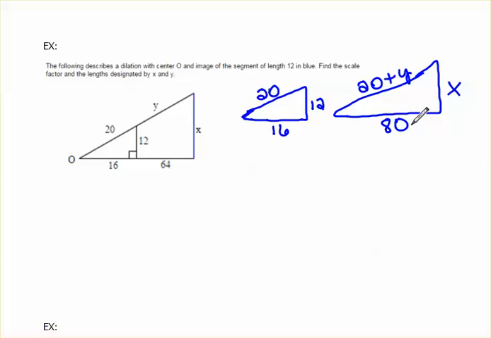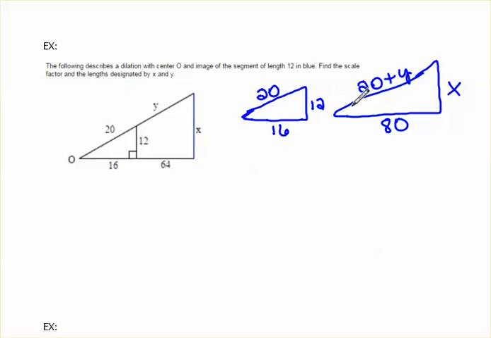So if I look at this and I want to compare sides, well, the two sides with plain numbers are the ones we want to compare. So since I'm blowing this up, I want the bigger number to be on top of the smaller number because I want this scale factor to be over 1. If I were shrinking it down, I'd want it to be under 1, so I would do it backwards.